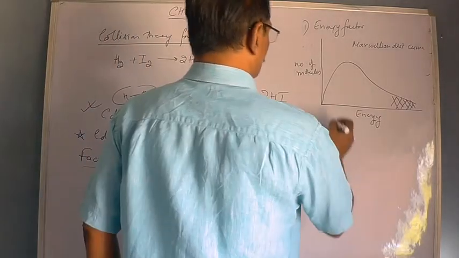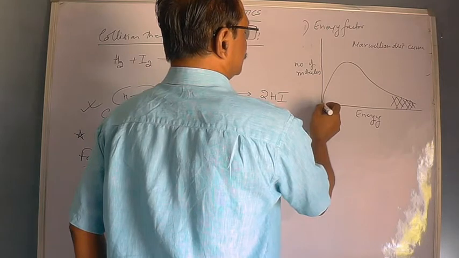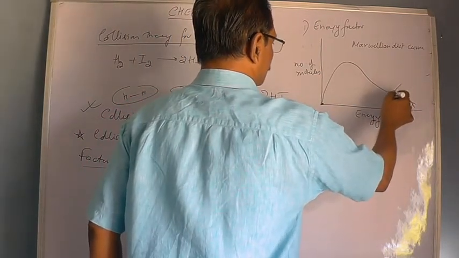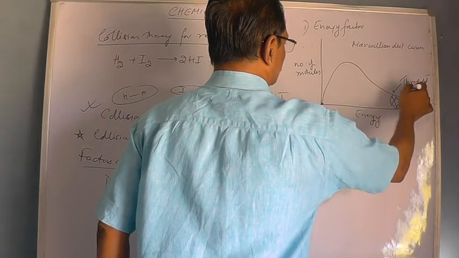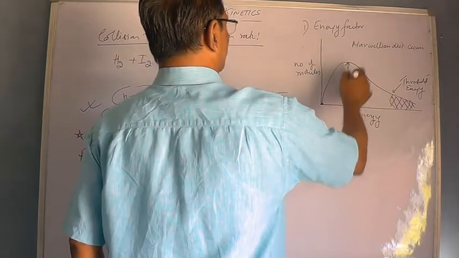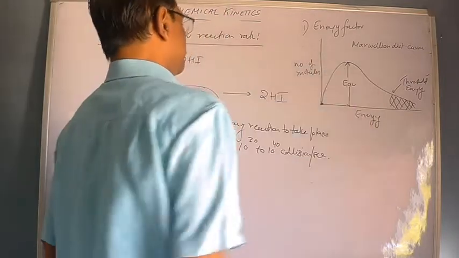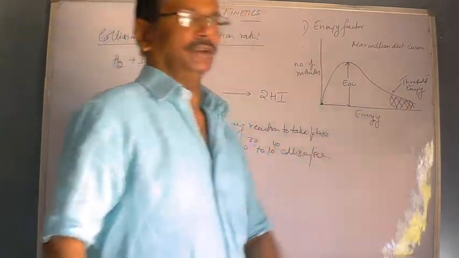What were those? Such molecules which are having zero energy state is very less. This is your threshold energy. Such molecules possessing average energy is very, very high, and such molecules possessing threshold energy is very, very less.